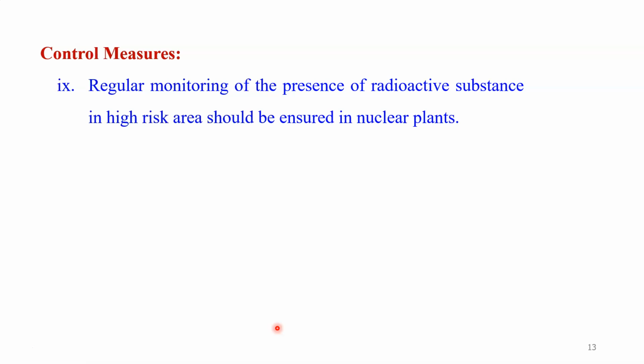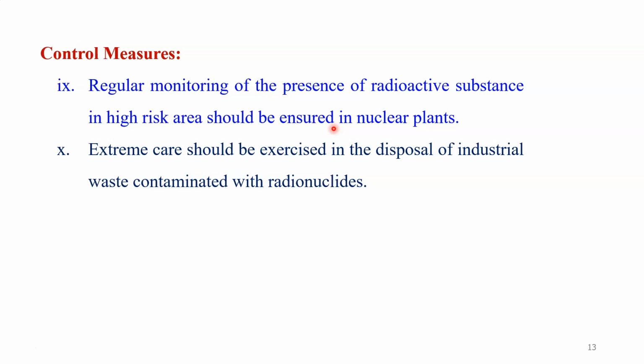Dear student, if you want to control the intensity of nuclear pollution, regular monitoring of the presence of radioactive substances in a high-risk area should be ensured in the nuclear plant. And the last one that is very important: extreme care should be exercised in the disposal of industrial waste contaminated with radionuclides. Then we can control the intensity of nuclear pollution.